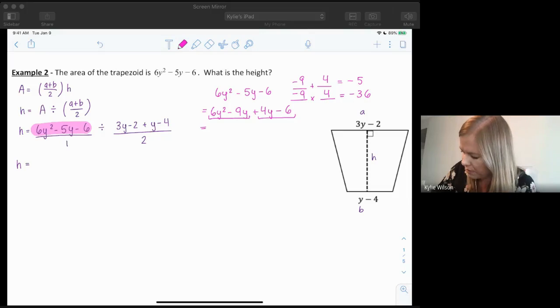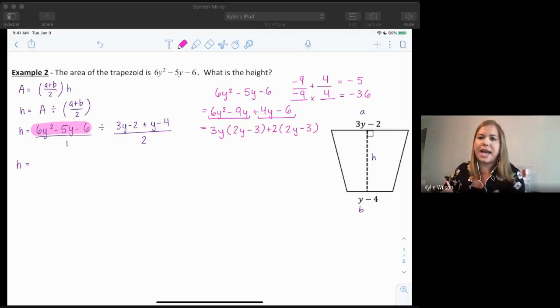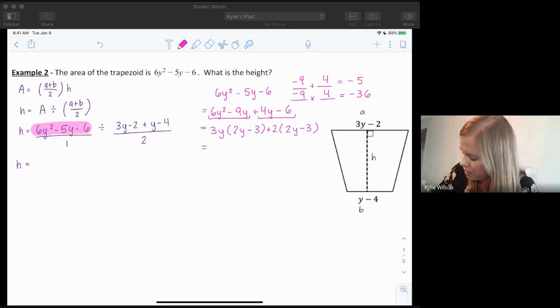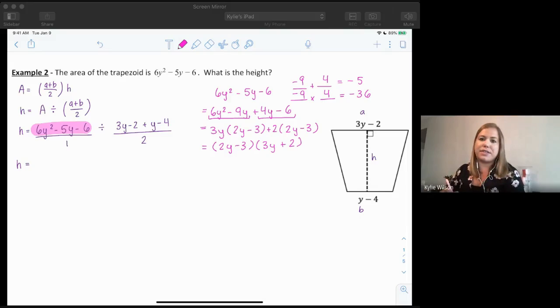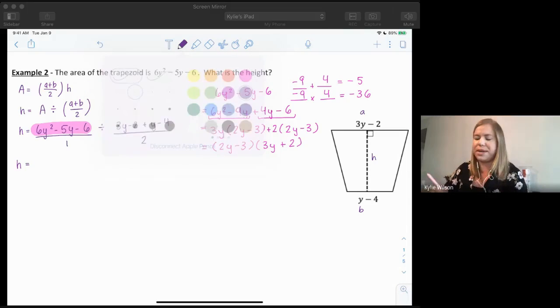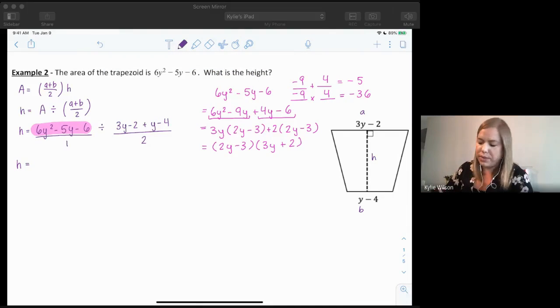So we'll have 3y, 2y minus 3, plus 2, 2y minus 3. And then I can take out that 2y minus 3, 3y plus 2. And that is our fully factored expression. So now we can bring that back into our equation.